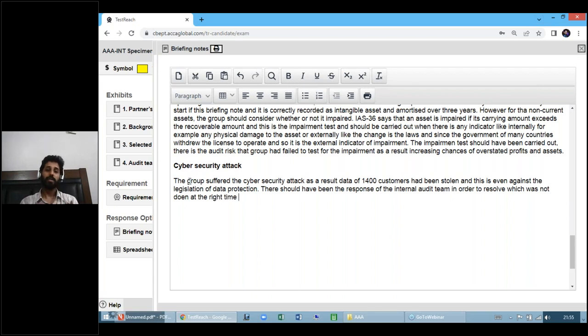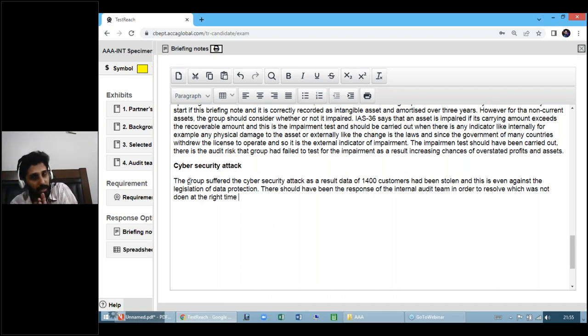And there may be legal action against the company. For example, if the customers file a case against the group for the violation of the Data Protection Act, then there are increased chances of a penalty being paid by the group.